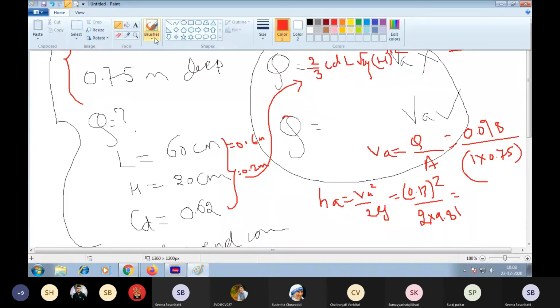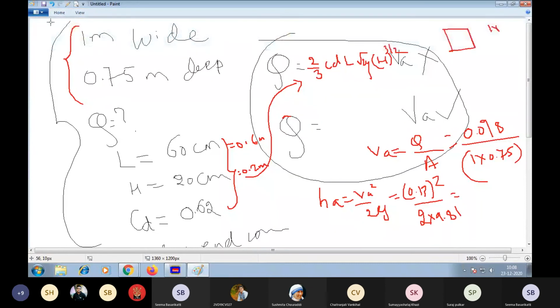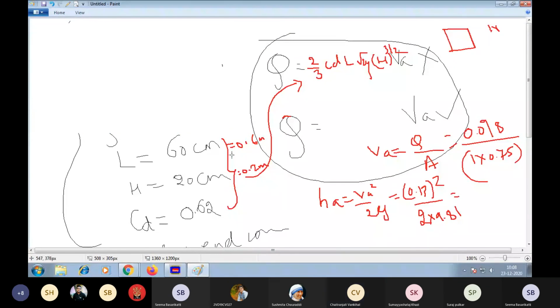Additional head is 8.746 into 10 raised to minus 4. What is the unit? Meter. Okay.